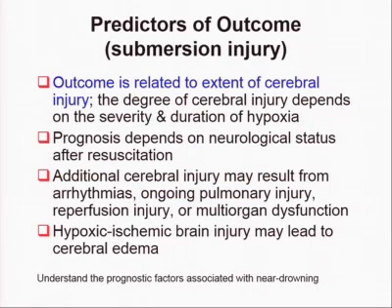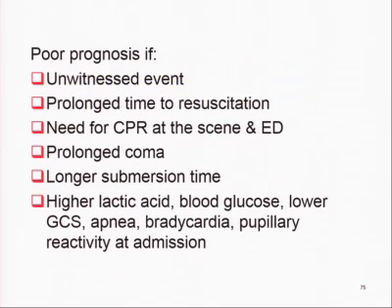We talked about submersion injury, and the outcome is related to the extent of cerebral injury. And again, this depends on the severity and duration of hypoxia. So prognosis depends on neurologic status after resuscitation. Additional injury may result from arrhythmias, ongoing pulmonary injury, reperfusion injury, multi-organ dysfunction. And again, it's the hypoxic ischemic insult that leads to the cerebral edema.